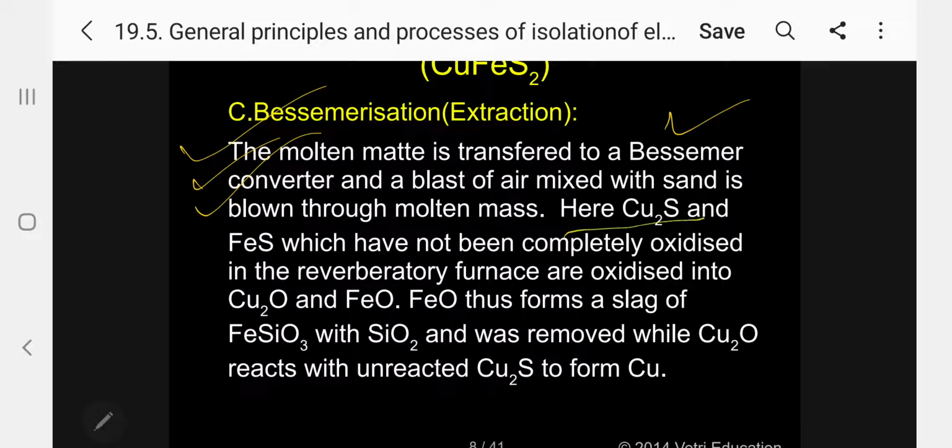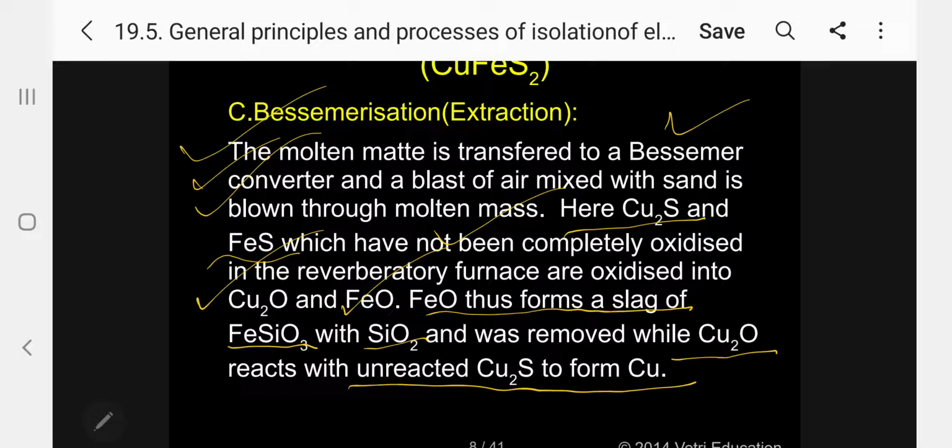Here, cuprous sulfide and ferrous sulfide, which have not been completely oxidized in the reverberatory furnace, are oxidized further into cuprous oxide and ferrous oxide. The ferrous oxide thus forms a slag of FeSiO3 with SiO2 and is removed, while Cu2O, cuprous oxide, reacts with unreacted cuprous sulfide to form impure copper.